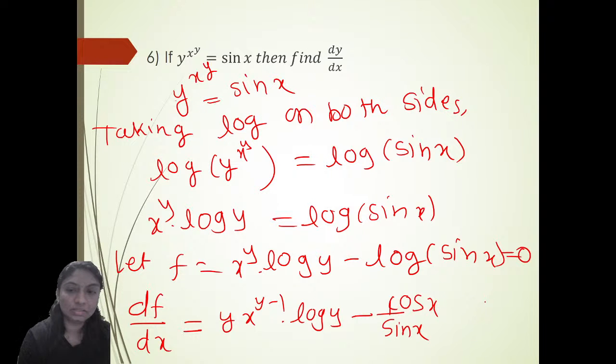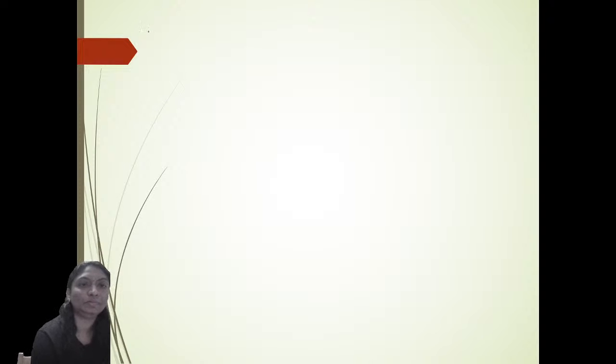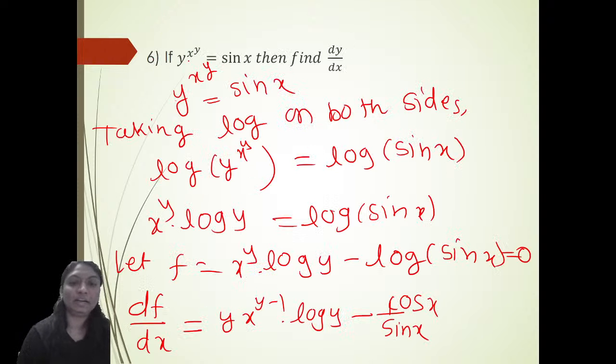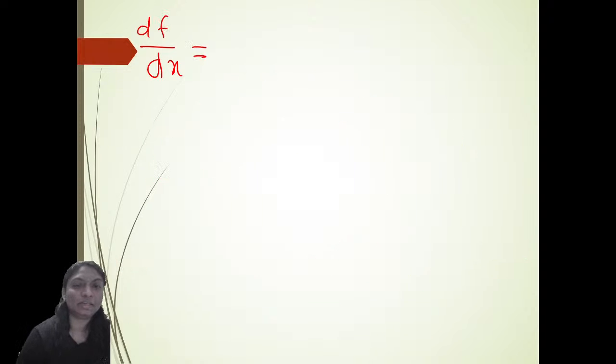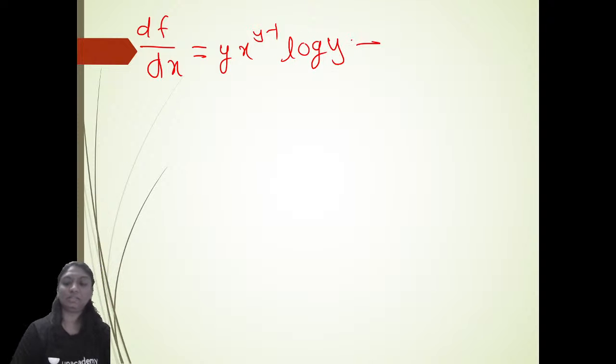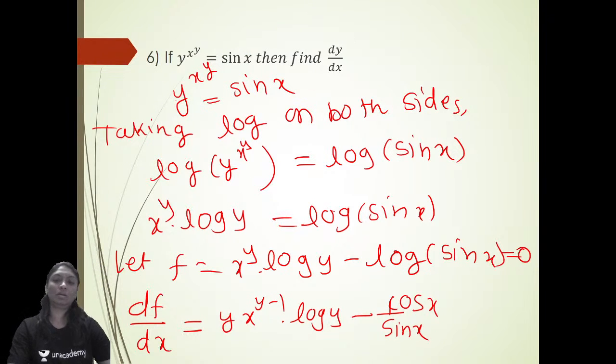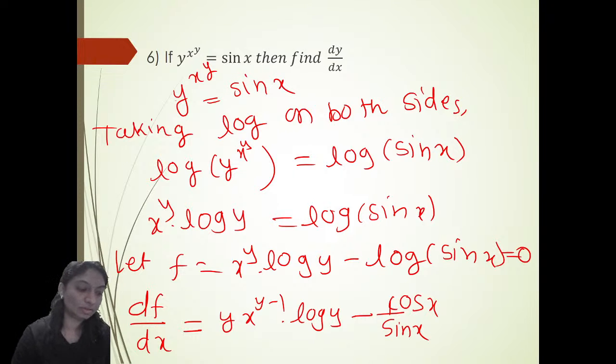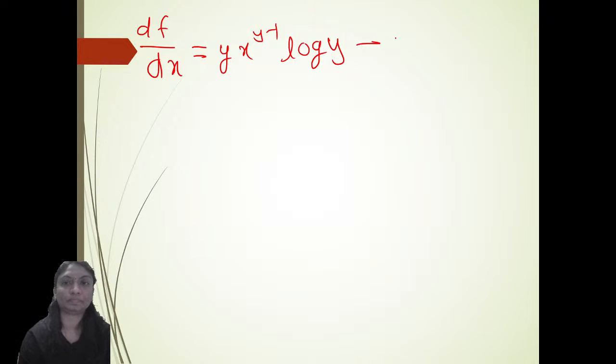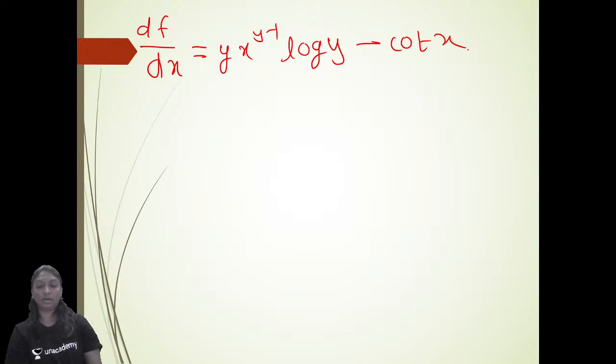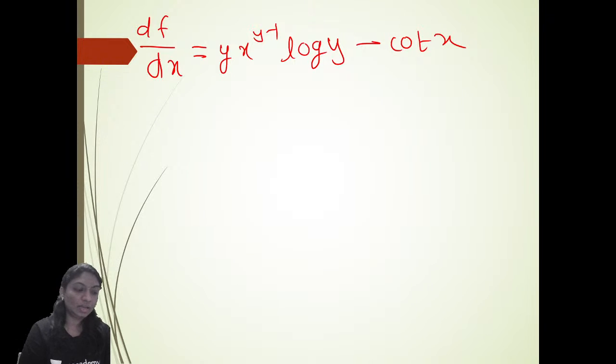So ultimately df by dx is equal to y into x raised to y minus 1 into log y minus cos x upon sin x, which is minus cot x. Okay, this is your df by dx.